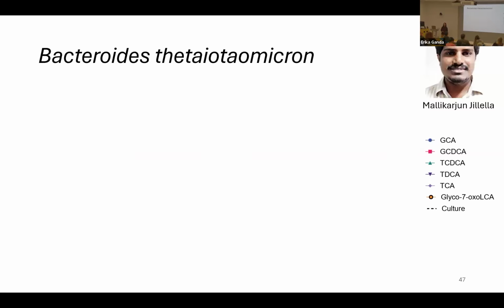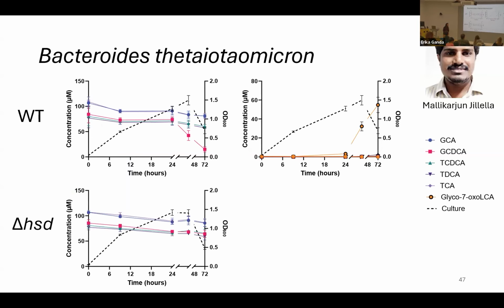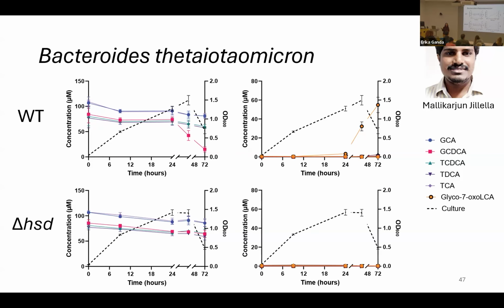And with the help of another postdoc in the Ray lab, Malikarjun Jalala, he created an HSD knockout of B theta. So with the wild type, of course, we see the same pattern where after 24 hours, GCDCA disappears, G7-oxo-LCA appears. But when you knock out the HSD, nothing happens. The conjugated bile acids remain intact.